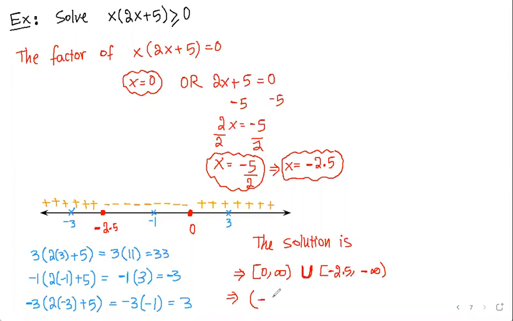It's from minus infinity to minus 2.5, and here it is closed because at 2.5 it gives me 0. Union from 0 to infinity. So this is the solution for this inequality.